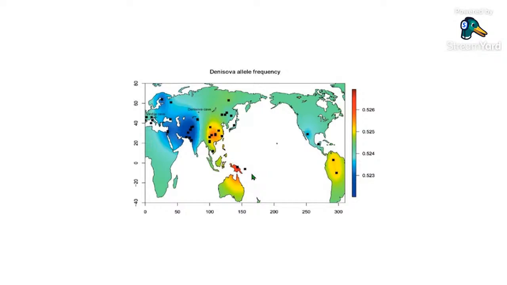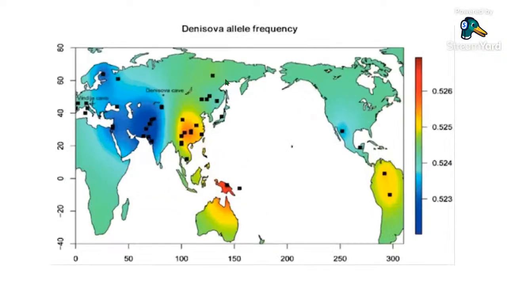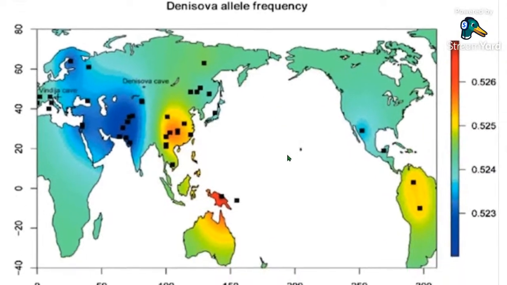Although we don't get a good idea here of the African population, we do get a good idea of the Semitic areas are cold in regard to the Denisovan allele frequency.